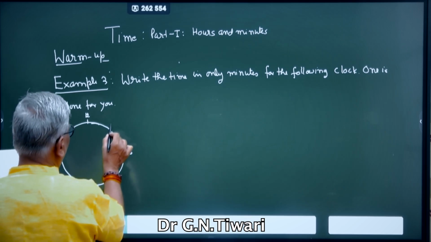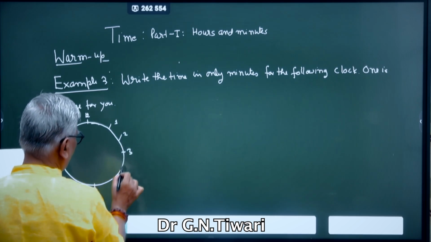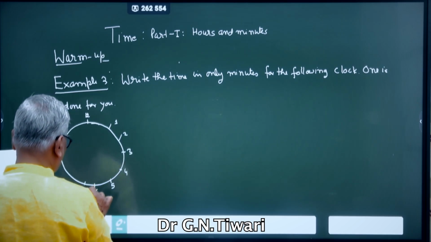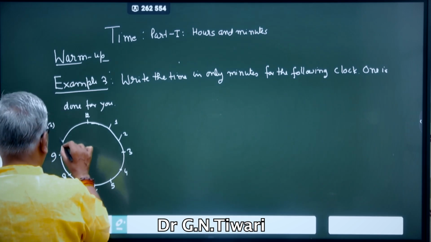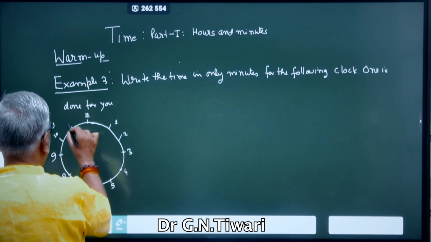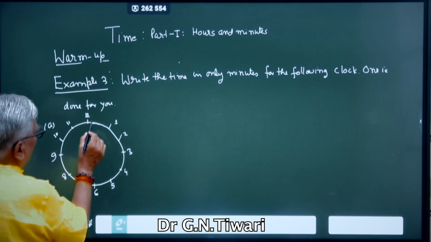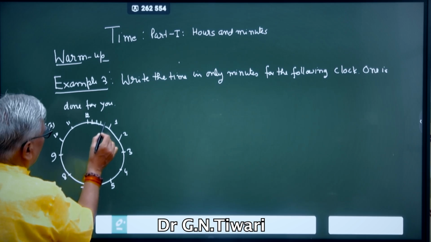Then 1 2, 4 and 5, 7 and 8, 10 and 11. Why said I big? Because I have to make 5, 1 2 3 4.